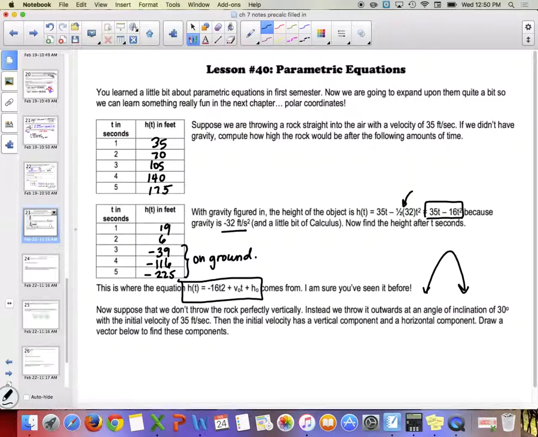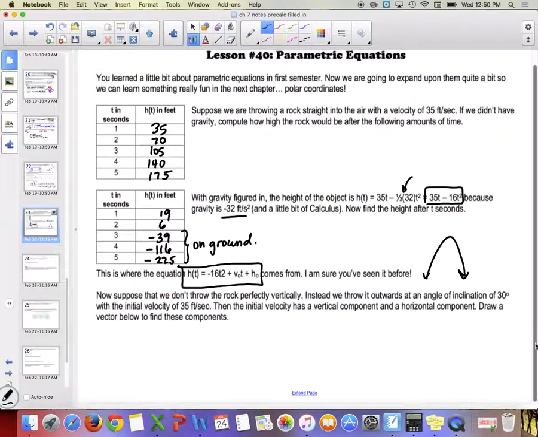All right, so it says, suppose we don't throw the rock perfectly vertically. We're not throwing it straight up and then straight back down. So really it's not the parabola, it's really just straight up and down. Instead we throw outwards at an angle of inclination. In order to do that, we're going to have to start talking about vectors.